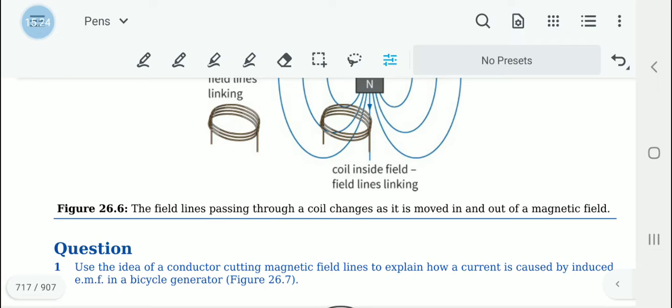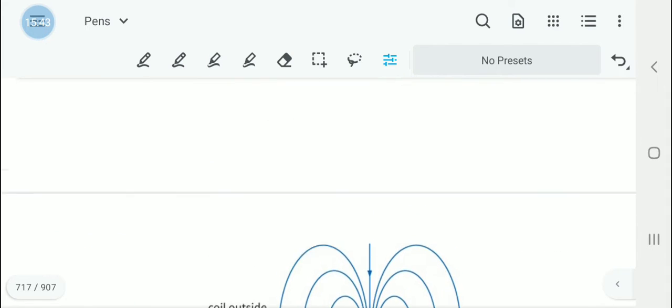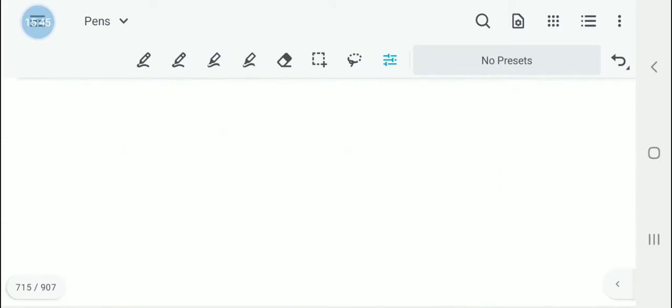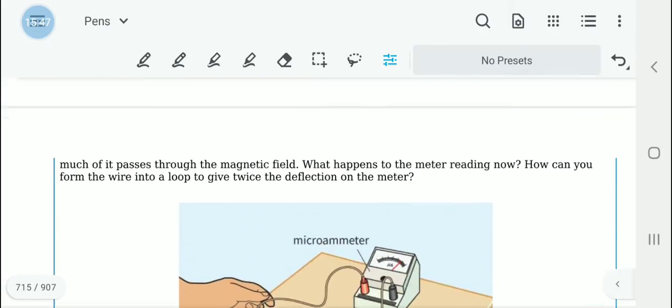Now, especially when you give an answer for the first question, you would have to talk about the induction of the EMF due to the movement or the magnetic field being cut by the conducting wires. So I think you would be able to write a very good answer for that. If you have any doubts, please ask me.